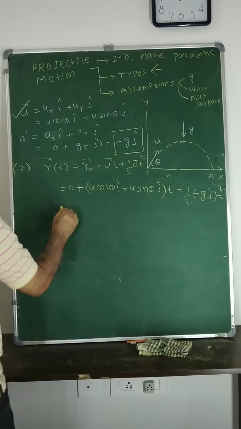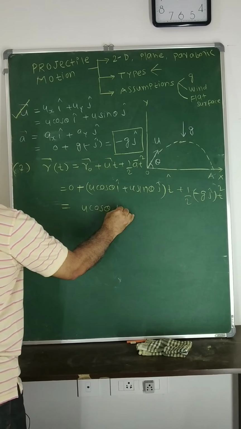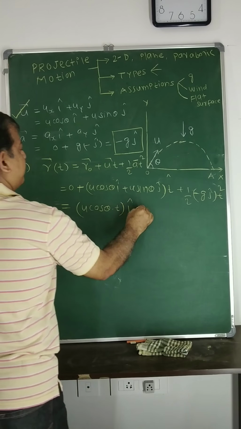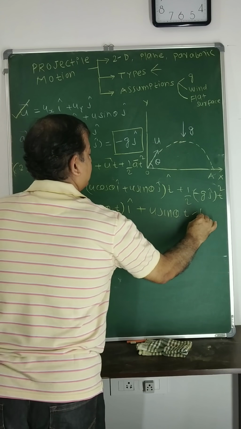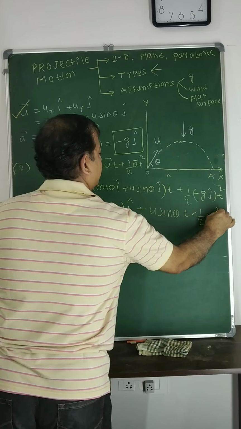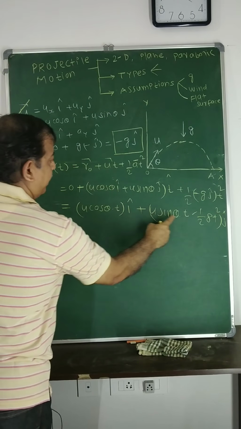Everything has to be in vector form. Just rearrange. Then this becomes u cos theta into t i cap plus u sin theta t minus half g t square j cap. So this is the position coordinate at any time t.